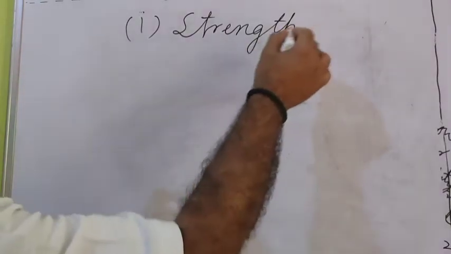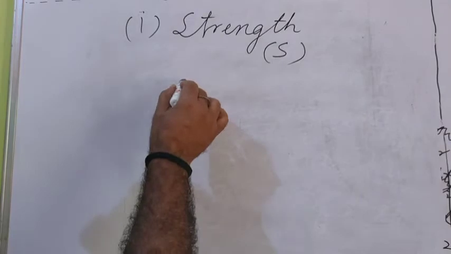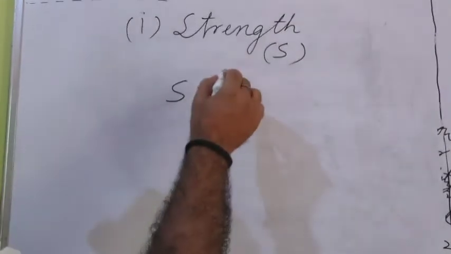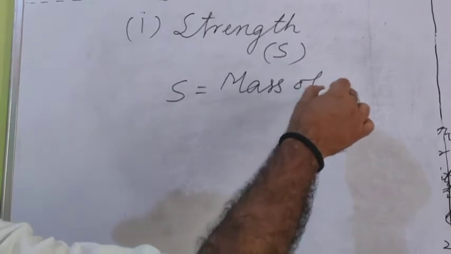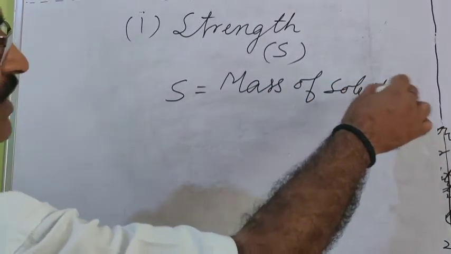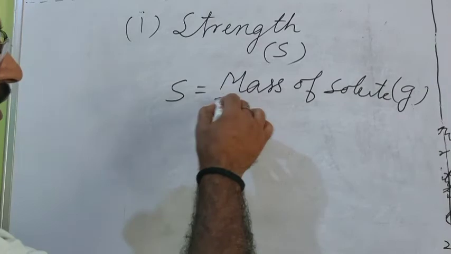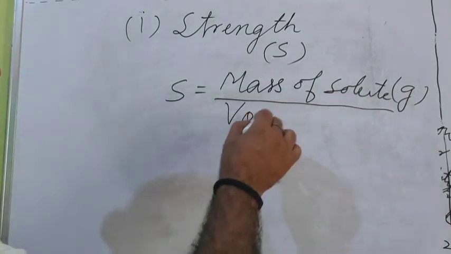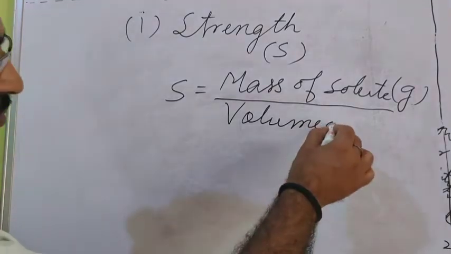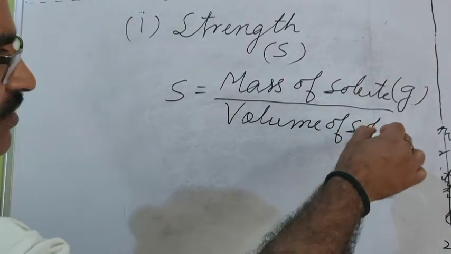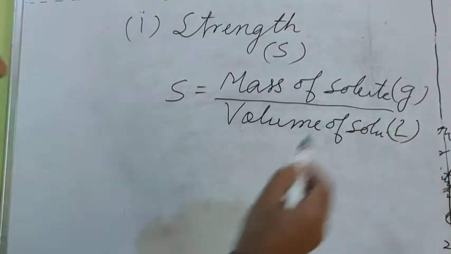If strength is represented by capital S, then strength equals mass of solute in gram upon volume of solution in liter.